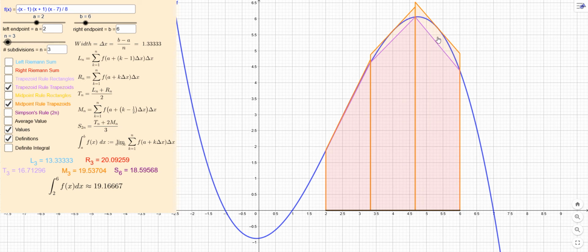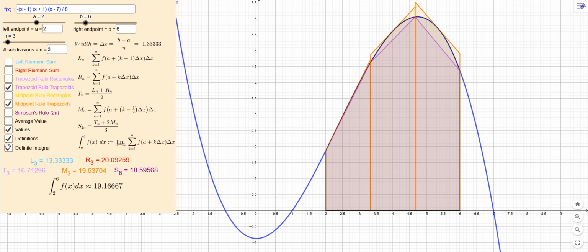Look at this last piece here. Here's the area we're looking for, right? So the trapezoid rule is under by this piece right in here, whereas the midpoint rule is over by this amount plus this amount here.